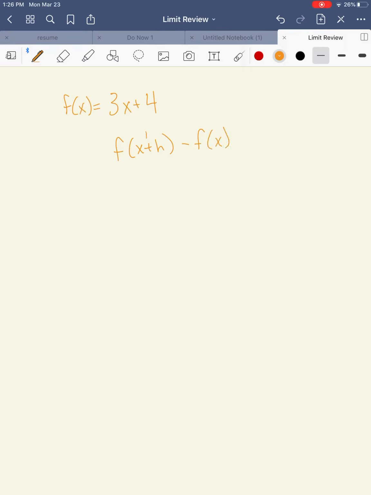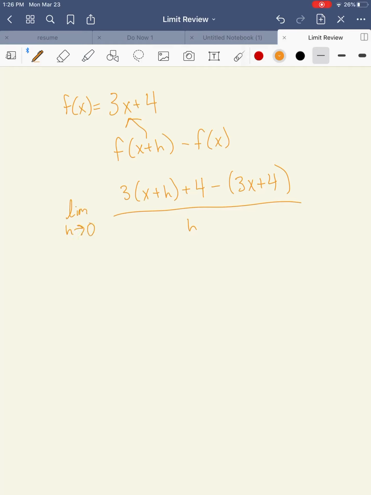So if I plug in x plus h right there, plus 4, and then I subtract the function, 3x plus 4. I have to put in parentheses because I'm supposed to subtract everything. And then all over h, find the limit as h approaches 0.